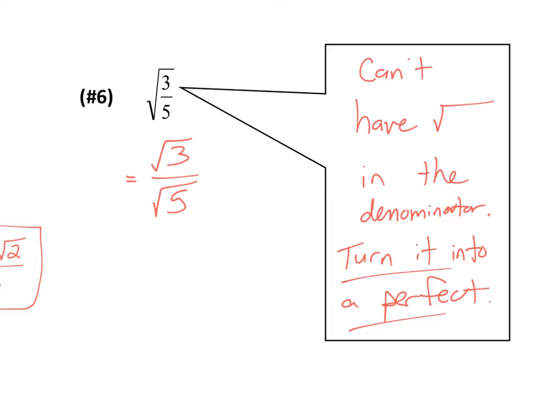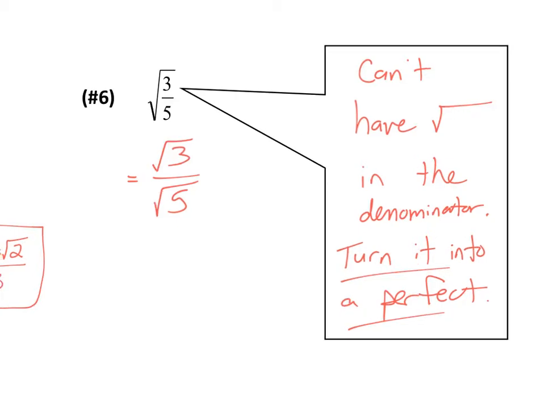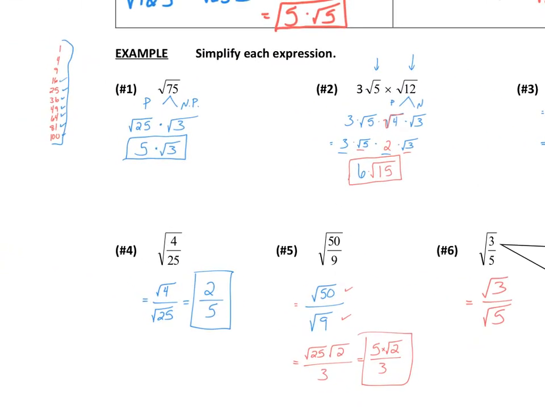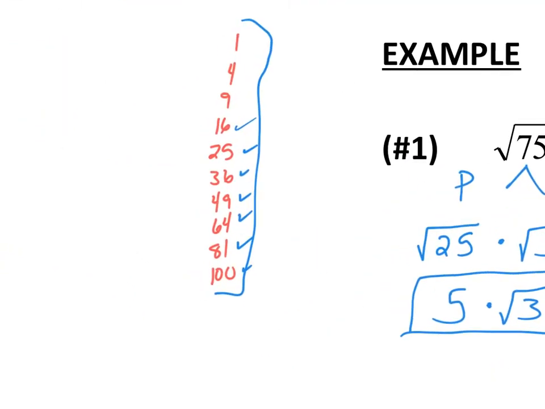Okay, this is the tricky part. If we have a radical in the denominator, we have to turn it into a perfect. So we have the square root of 5 in the denominator, which is not okay. But can we change 5 into one of these perfects right here? So like, can we change 5 into 9 or 16 or 25?